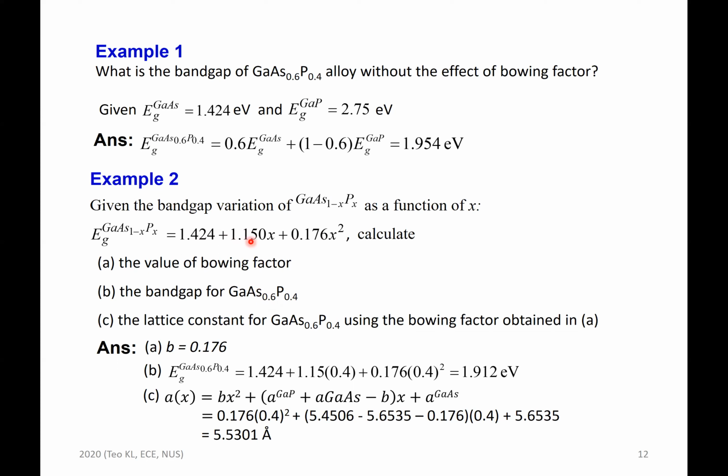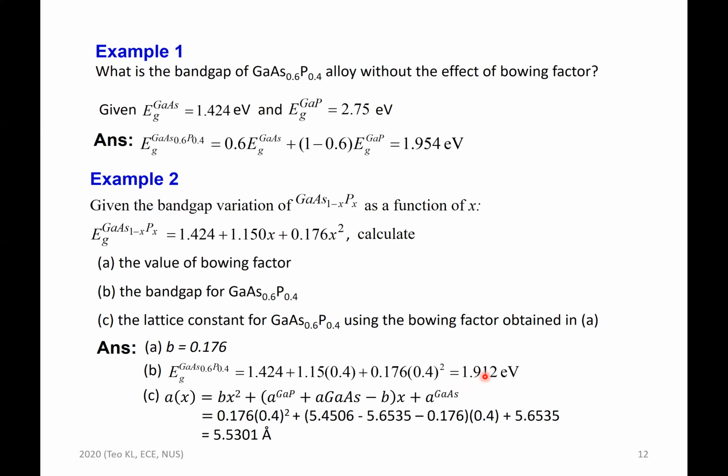Now this equation tells you the x itself is on the phosphorus. So the phosphorus itself is 0.4. So you have to plug the 0.4 value into this equation instead of 0.6. And then you get 1.912.